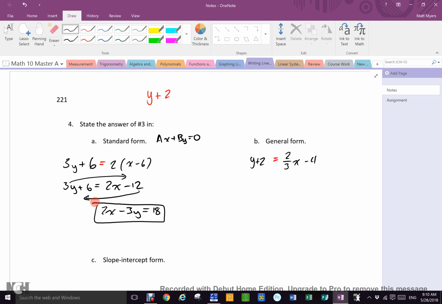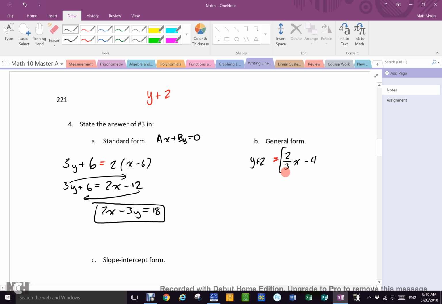Everybody cool? Okay. Over here, if you did this version, you got rid of the brackets first. Now what do you not like? What's yucky here? Fraction. How do I get rid of it?